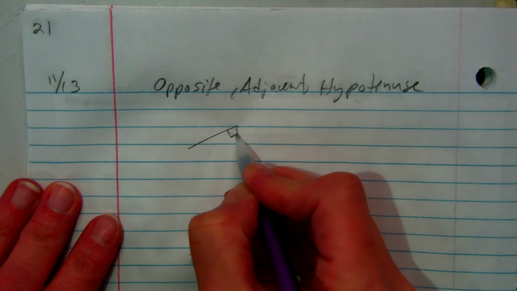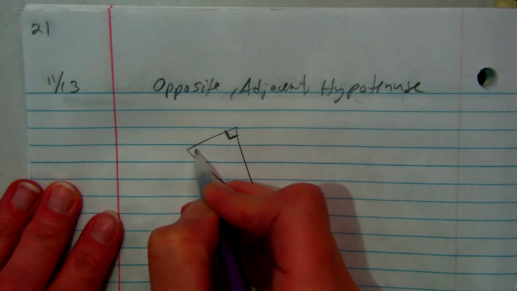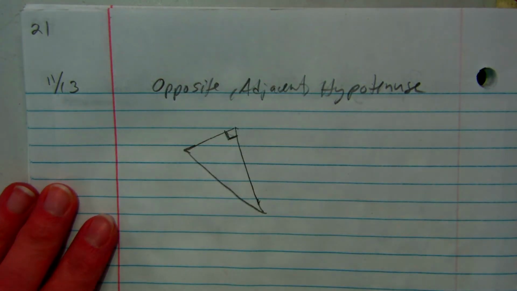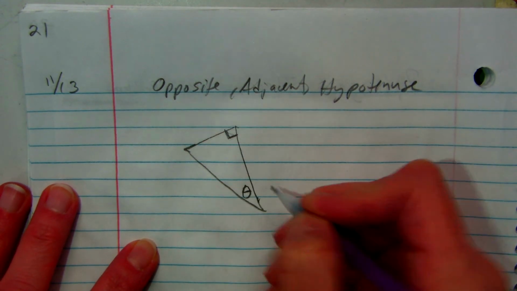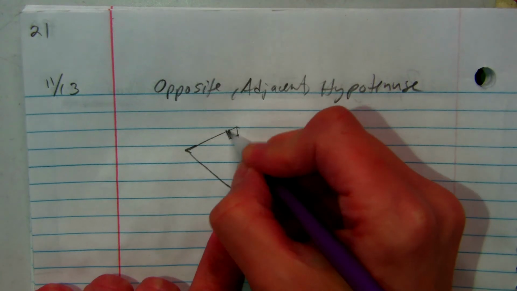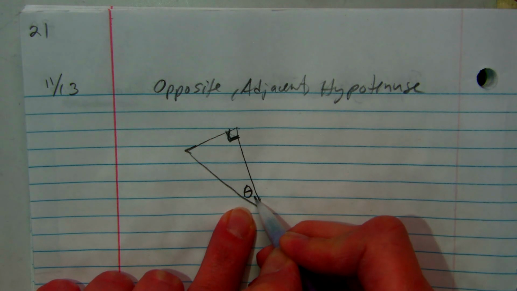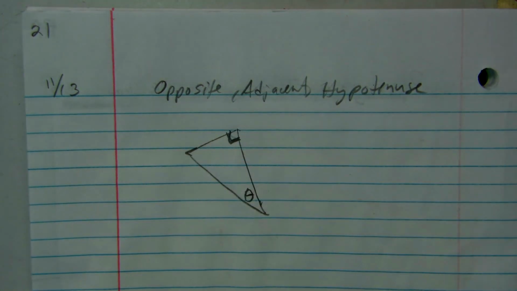So this is my right angle. But I'm going to have it turned a little bit. And I'm going to say this is theta down here. So I want you to draw it and just write in the opposite, adjacent, and hypotenuse. So this is the right angle, and that's theta. All I want you to do is write in opposite, adjacent, and hypotenuse on the triangle.